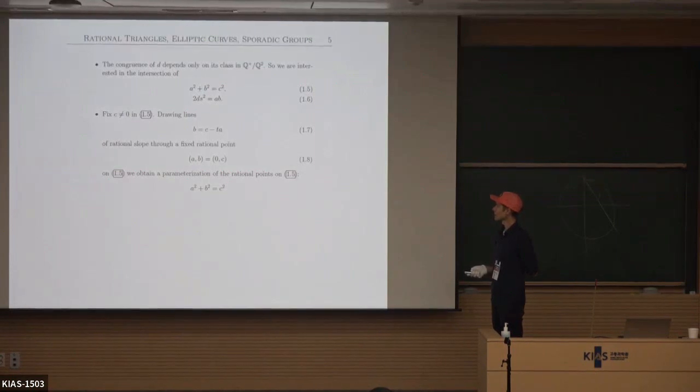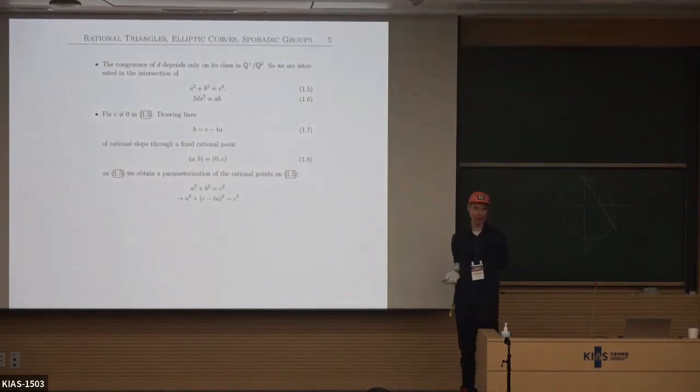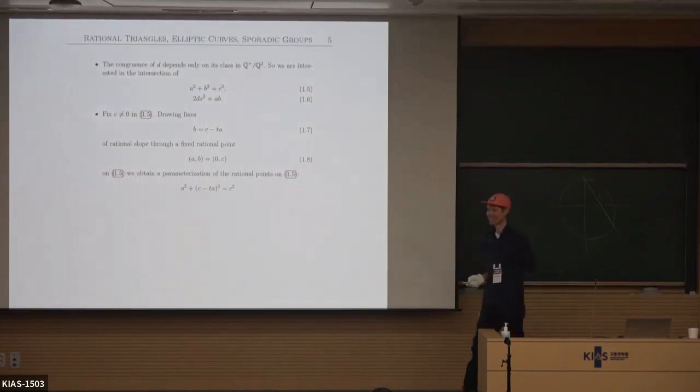Right, and we parameterize the rational points on this circle in this way. Okay, so we're going to do the high school algebra right now. So substitute c minus t a for b. We get this. Okay, so expand.